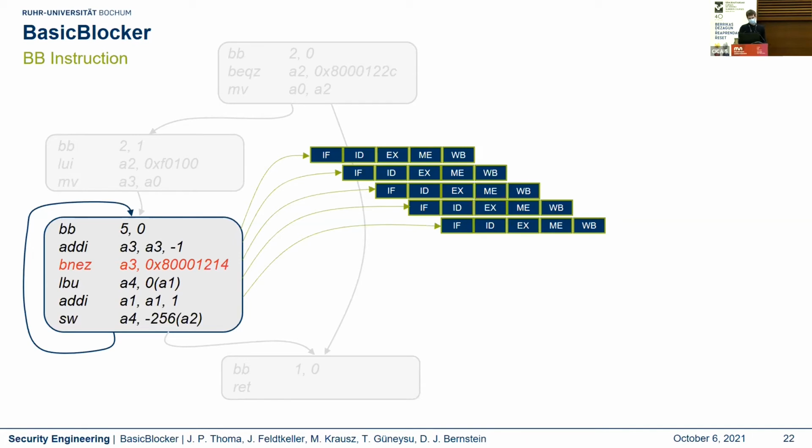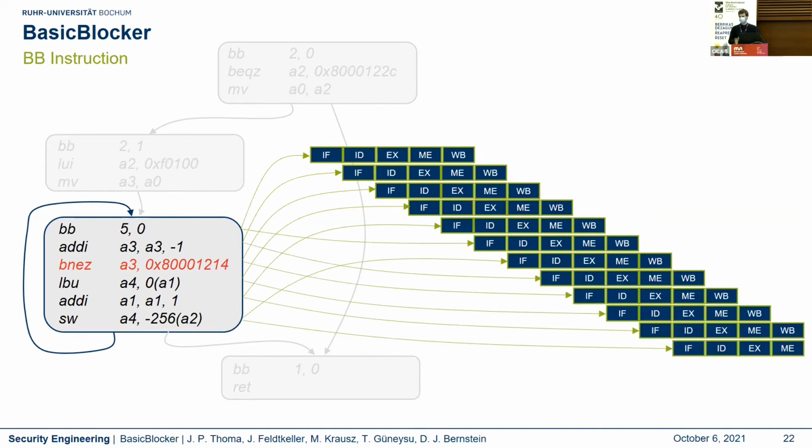So in this loop, for example, we would know that it is again the BB instruction of this basic block. So we can again fetch this basic block and then continue executing the first iteration of this basic block, and then we have decoded the basic block instruction of the second run, and so we can continue again with the second iteration.